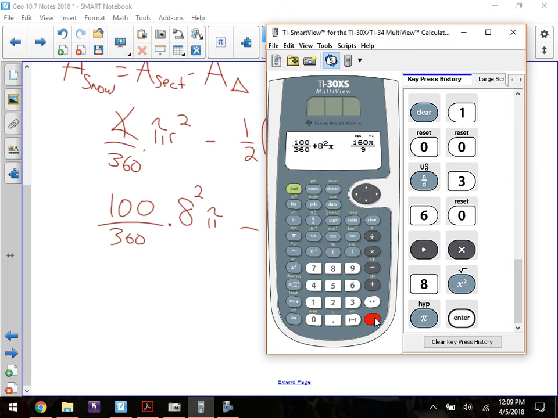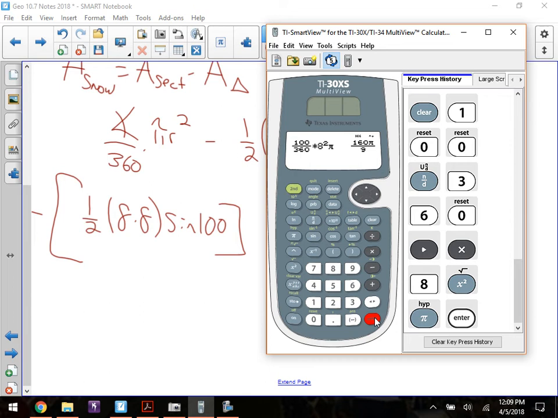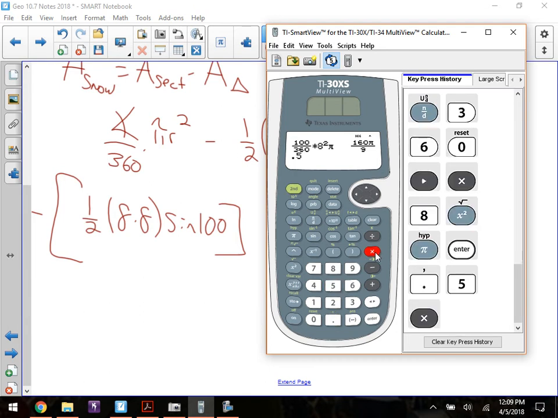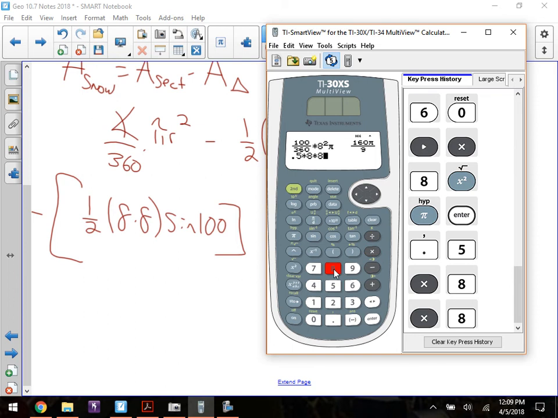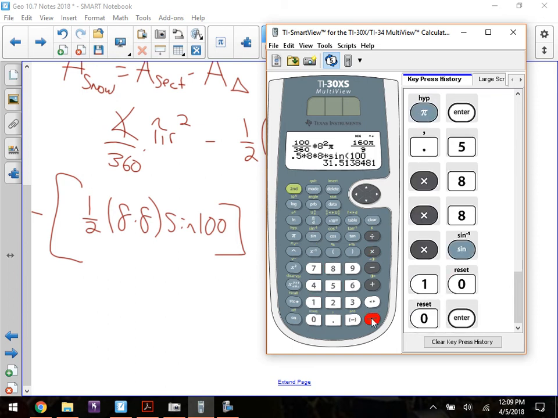To that, I'm going to have to subtract all the other stuff. The other stuff was this. So I'm going to do 0.5 times 8 times 8 times the sine of 100. I get that. Now I have both of my previous answers up there.